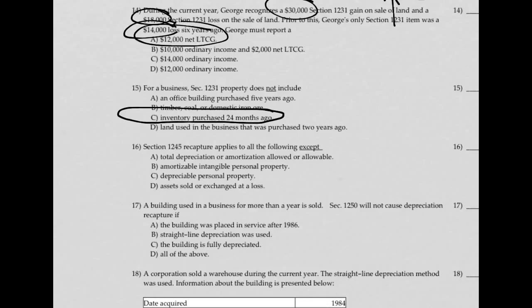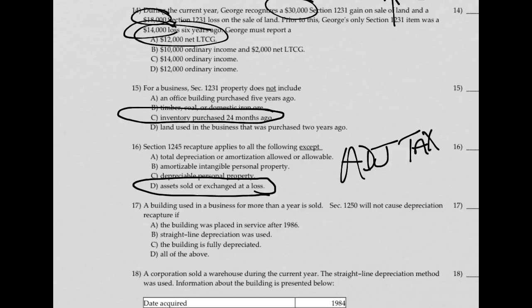Here we just have to know when recapture occurs under section 1245, and the answer is that assets sold at a loss have no recapture, because it's a loss. It's that simple. The only time you're going to recapture is when they're sold at a gain above the adjusted tax basis.